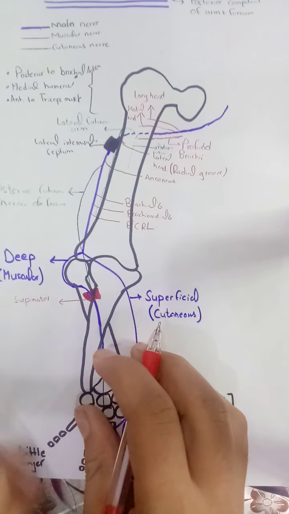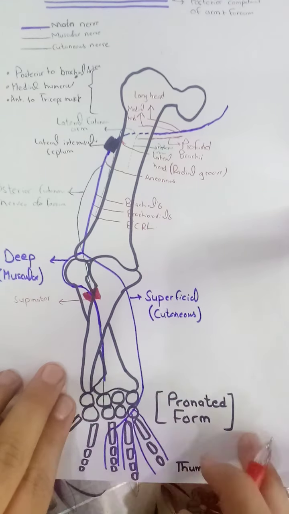And now this is all on the posterior side, as it is in the pronated form. So this is now the posterior side of the forearm. Here it will supply several muscles. We will see them one by one. This will be the extensor carpi radialis brevis muscle.